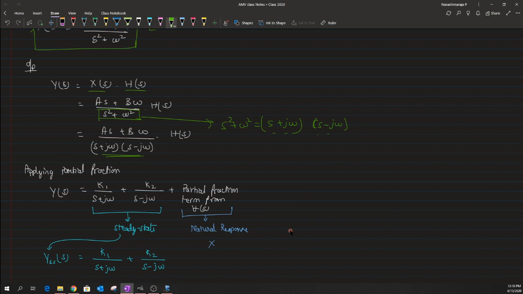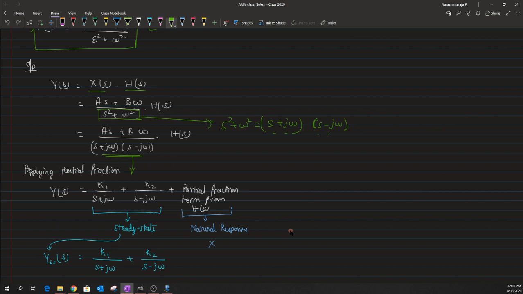And now when we apply this partial fraction method, one could break down this input signal, or input poles, into two components, where we have k1 divided by the pole at s plus j omega, and the other one is k2 divided by s minus j omega.